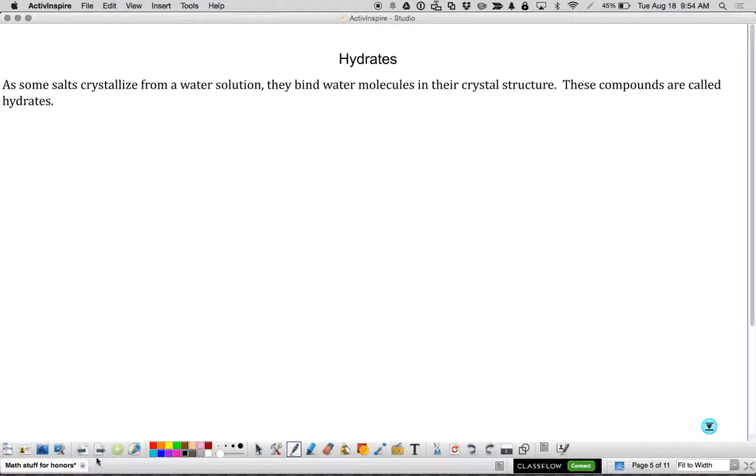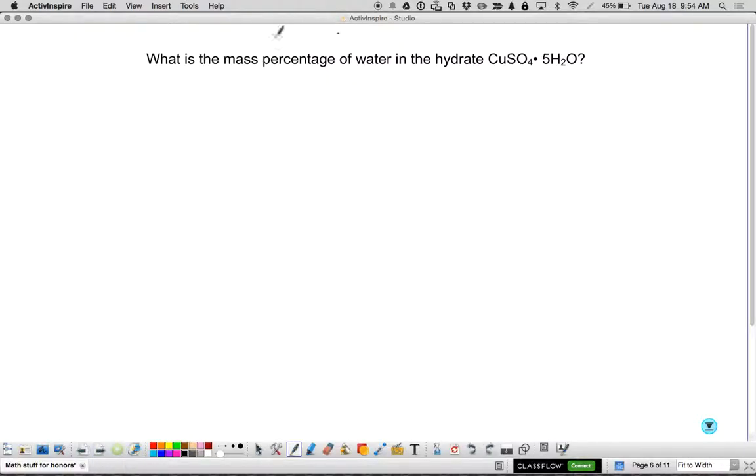So you might see something like this where you're asked to find the mass percentage of water in this hydrate. Well, the way you read this is, there's your regular copper 2 sulfate, but in the crystal structure for every 1 copper 2 sulfate, there are also 5 water molecules.